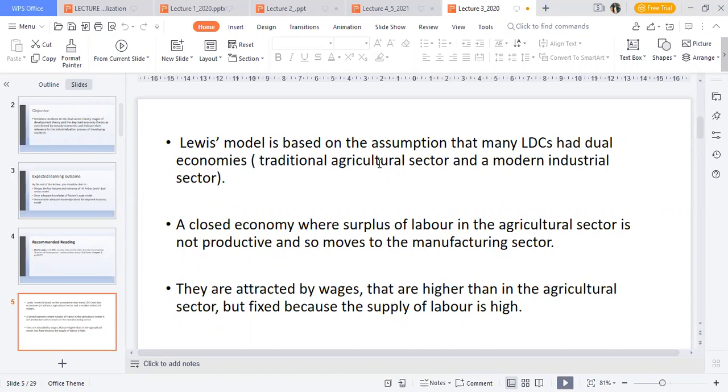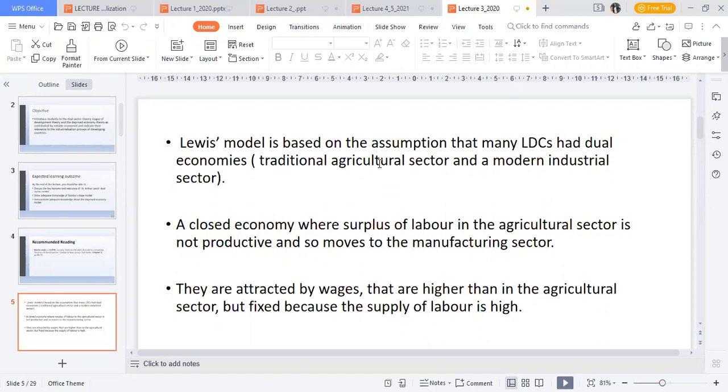So what they're saying is that the economy is also closed. The lecturer can ask you to state the assumptions of the dual sector model, the Arthur Lewis model, and give some criticisms. Please, they said 60 over 100%.